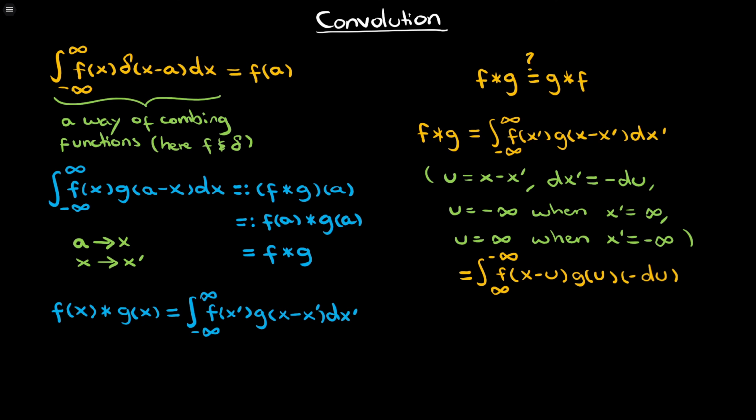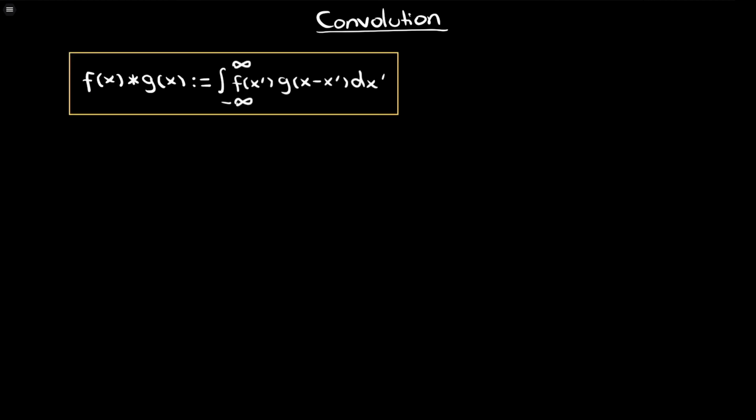We can use the negative sign in front of the differential to flip the integration limits, at which point we realize that this is indeed the definition of g star f. And thus, with this new updated definition of the operation, we have one that is commutative. So this operation is called convolution, and the function f star g is called the convolution of f and g.